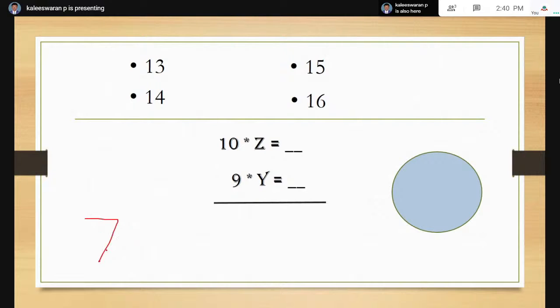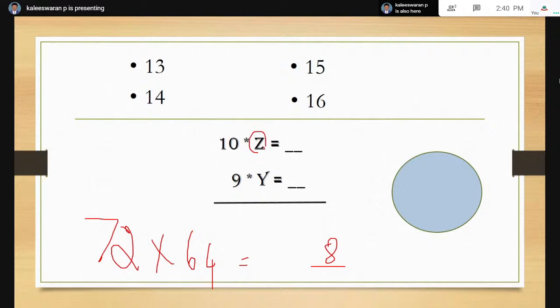If 72 into 64, we can't find the answer within 1 second, but we can find that the answer should end with 8. This is the unit digit approach. We can't find the full answer, but we know very well the answer should end with 8.